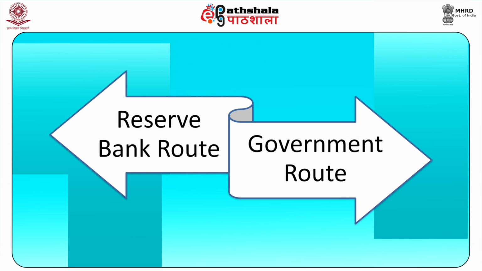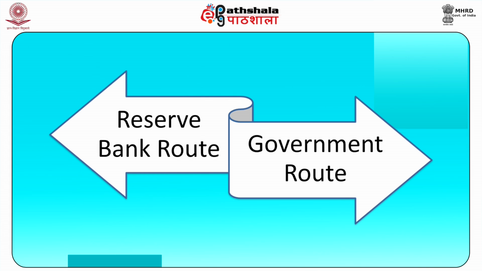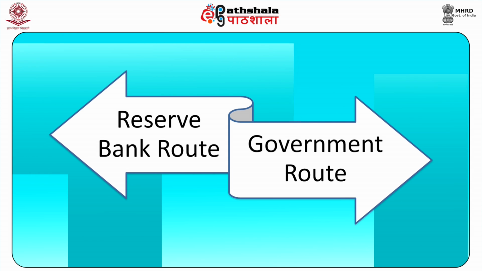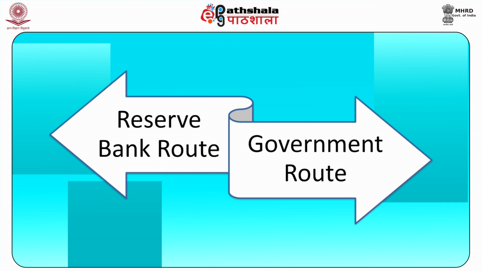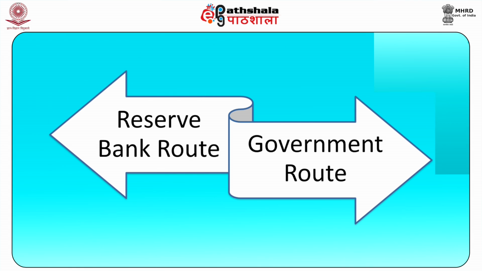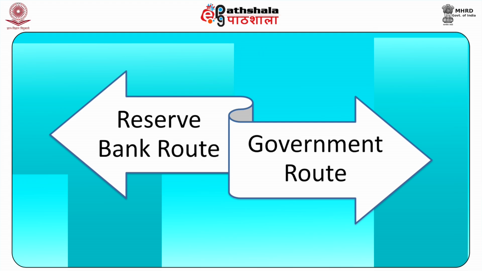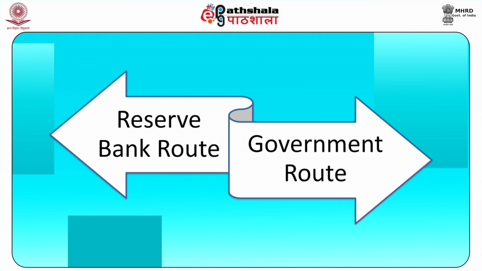B. Government route. When the business of the foreign parent company falls in a category where 100% FDI through automatic route isn't allowed, then they have to follow the government route. Such applications are considered by RBI after consultation with the Ministry of Finance, Government of India.